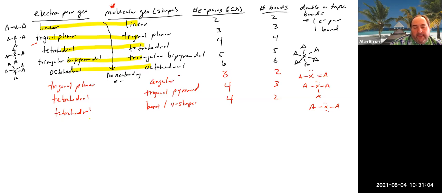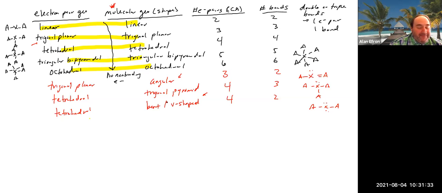A reminder that sometimes people use these names interchangeably, but there really is a difference in terms of the bond angle. When we talk about something that's angular, it's hanging around the 120-ish mark, a little less than that. When we're talking about something that's bent or V-shaped, the bond angle is less than 109.5.